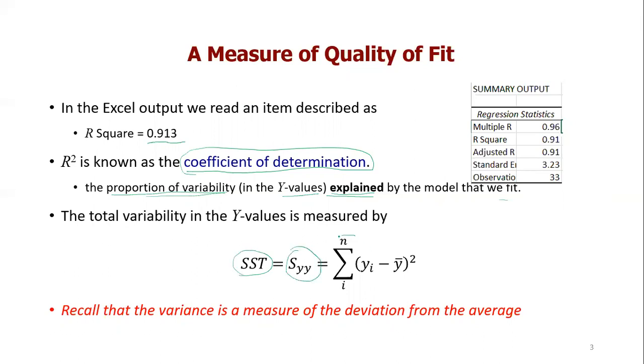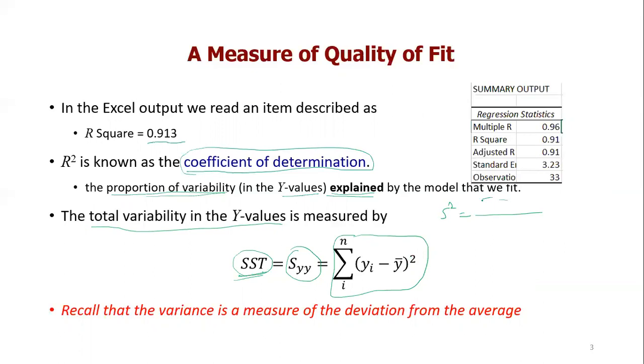This is the sum of (yi minus y bar) squared. We call it the total sum of squares, SST, and this is the total variability in the Y values. What is the total variability? Please consider the S squared where you don't have any regression or anything like that.